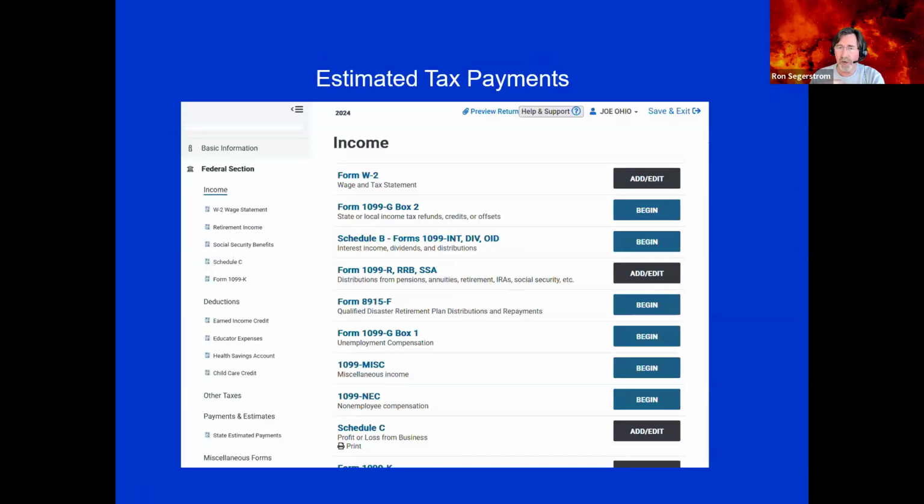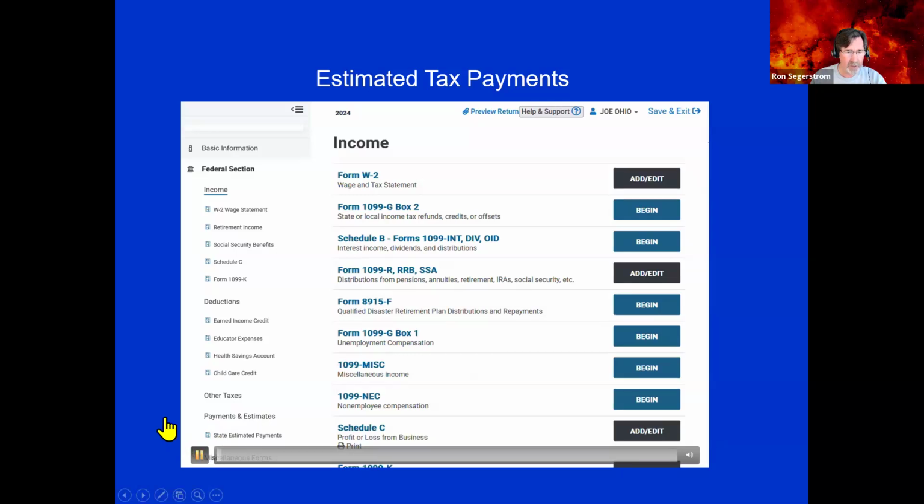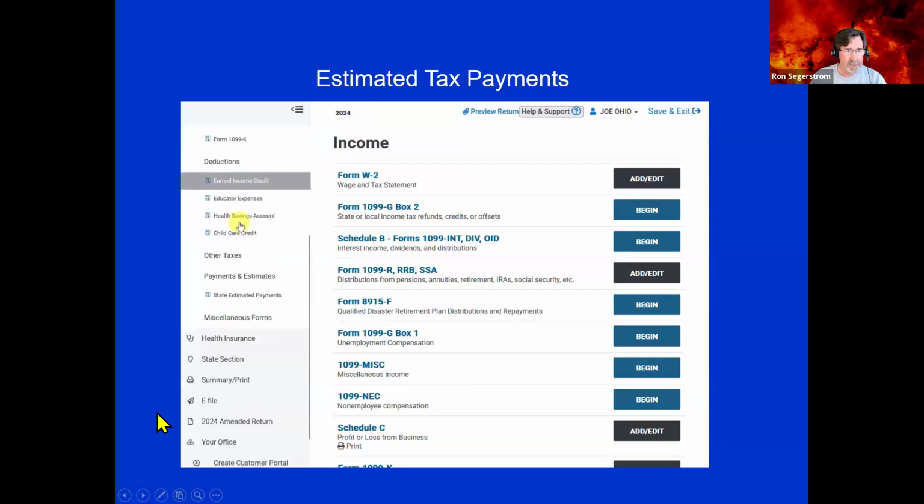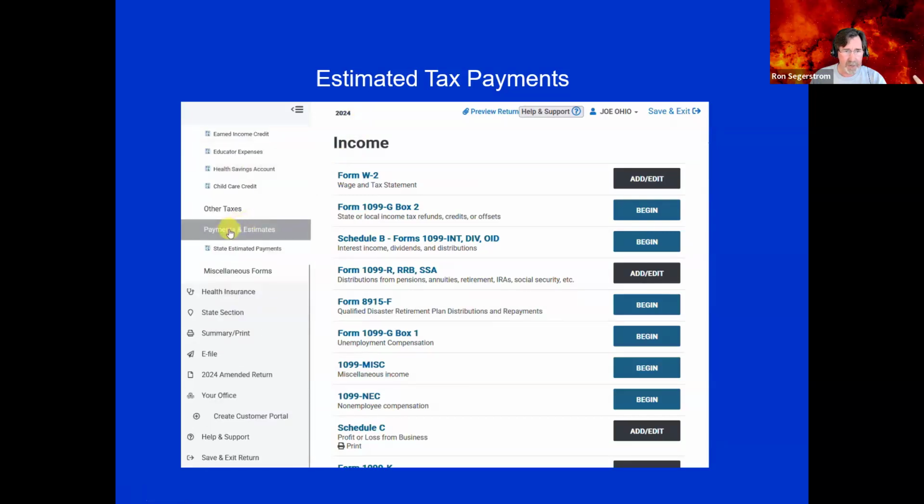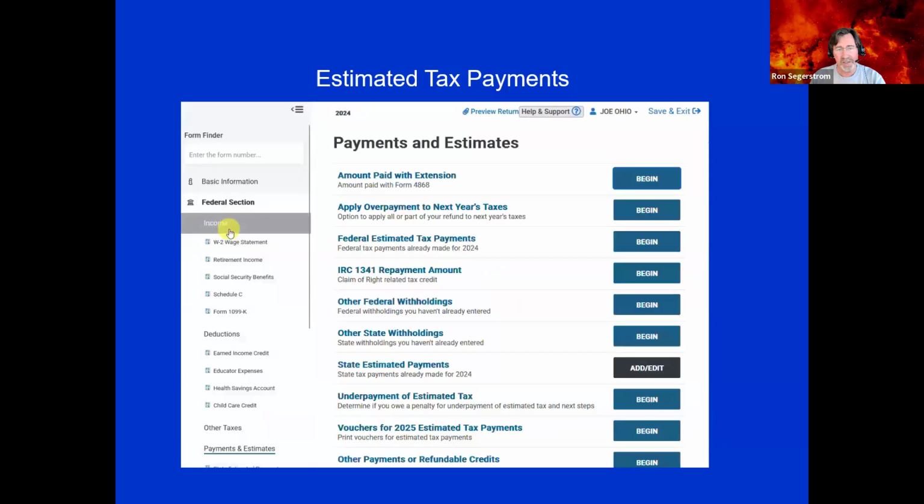Jerry and I came up against this: somebody had made estimated tax payments in Ohio, and we struggled to figure out where to put those in. So this is where they go. They go in this payments and estimates section right down there. If you have somebody with federal estimated tax amounts, it goes in the same area.